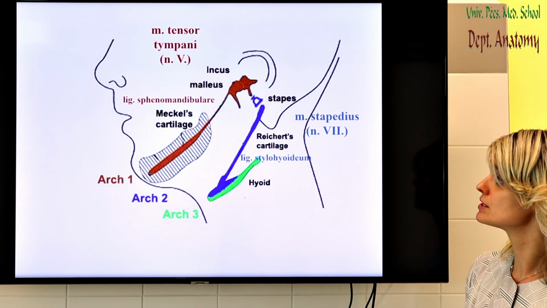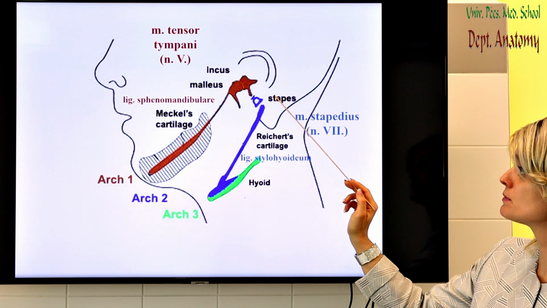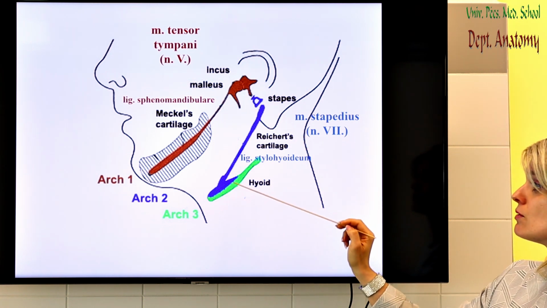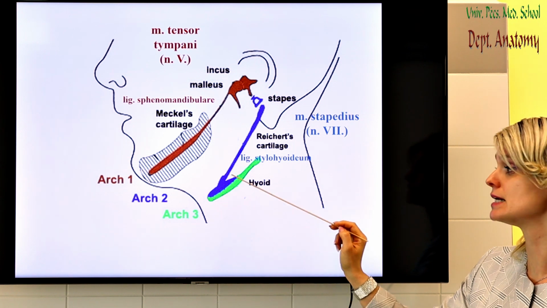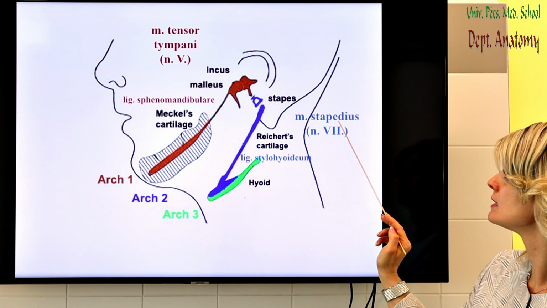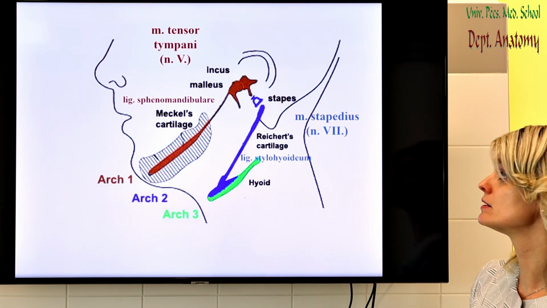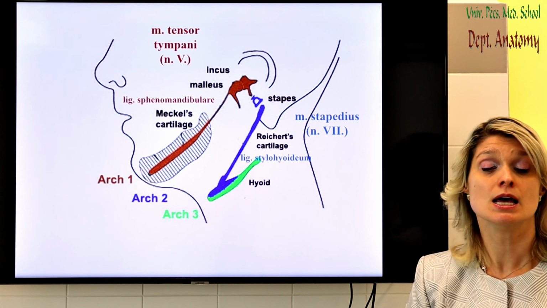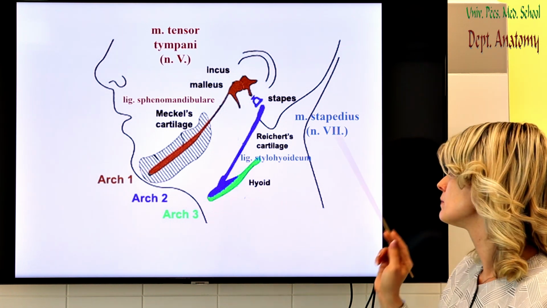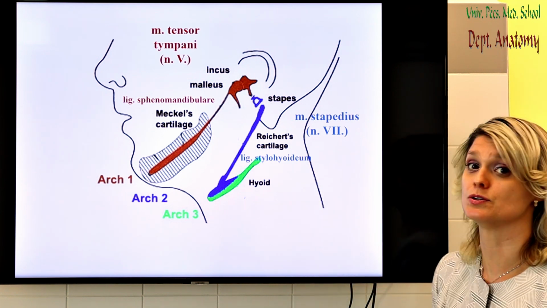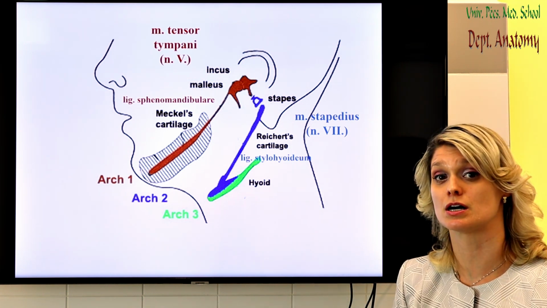From the second pharyngeal arch will originate the stapes, and here you can see the styloid process and the stylohyoid ligament with the upper part of the hyoid bone. And the muscle attached to the stapes is the stapedius muscle, and the innervation will be by the facial nerve, because the nerve of the second pharyngeal arch is the facial nerve.